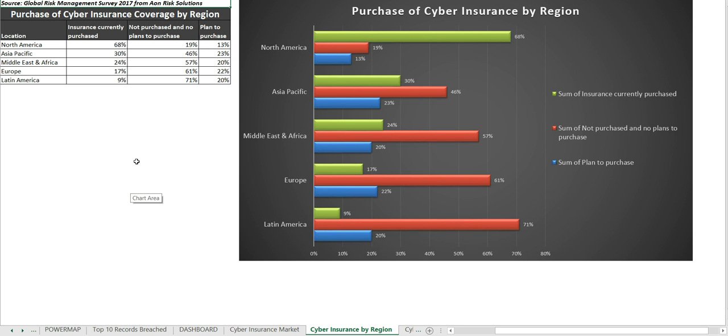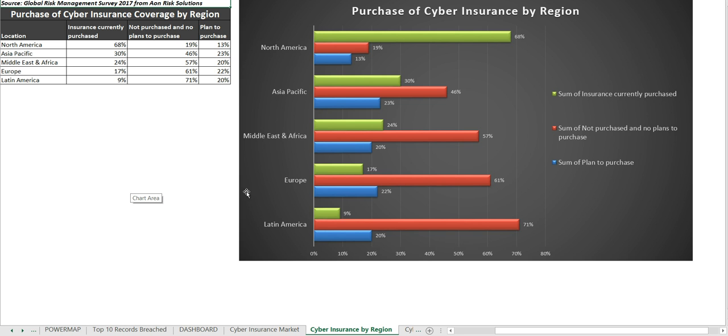So for the most part, we've been looking at US data. In this tab, let's take a look at what cyber insurance looks like on a global basis. North America is at the top, with 68% of the companies having purchased cyber insurance, while Latin America is coming in at the bottom.